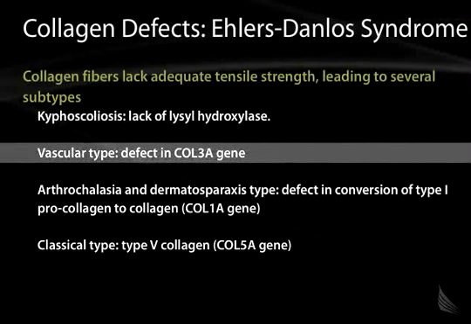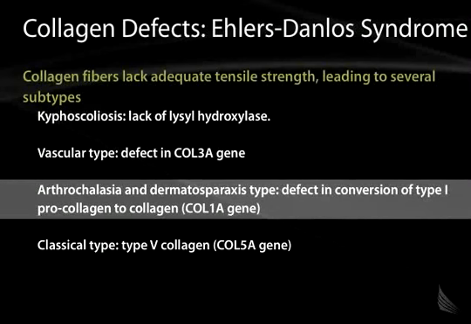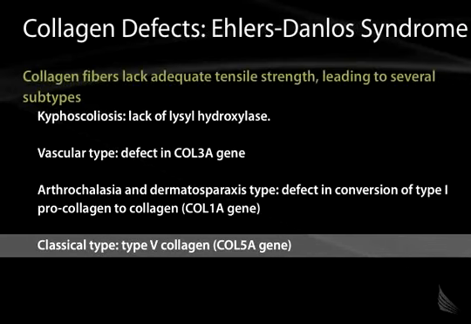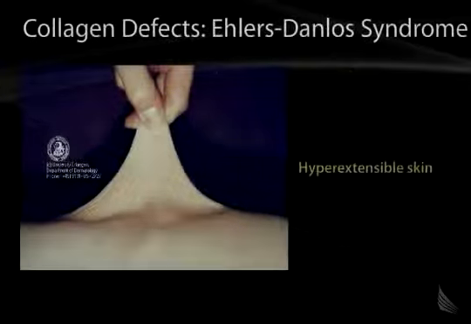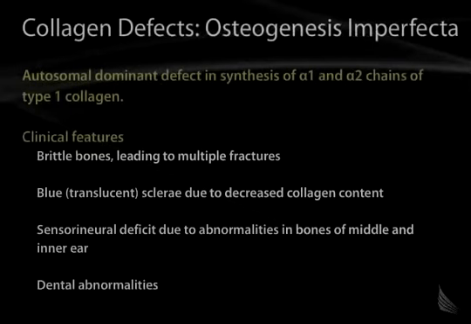You get vascular problems like ecchymoses and things like that in the defect in the collagen 3A gene. You get arthrochalasia and dermatosparaxis type. This is a defect in conversion of type 1 procollagen to collagen. And then the classical type, which is type 5 collagen in particular. Here's a picture of what that hyperextensible skin looks like.